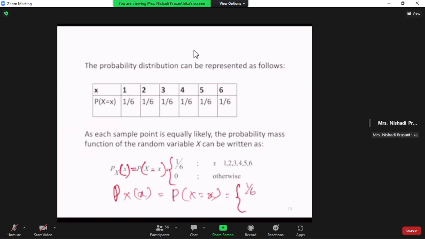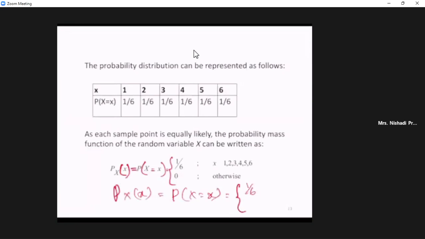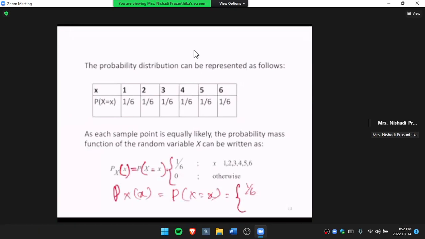That means for any value of the random variable x, the probability is equal, that is 1 over 6. Therefore, the mathematical function we use to represent the probability distribution of the random variable is 1 over 6.